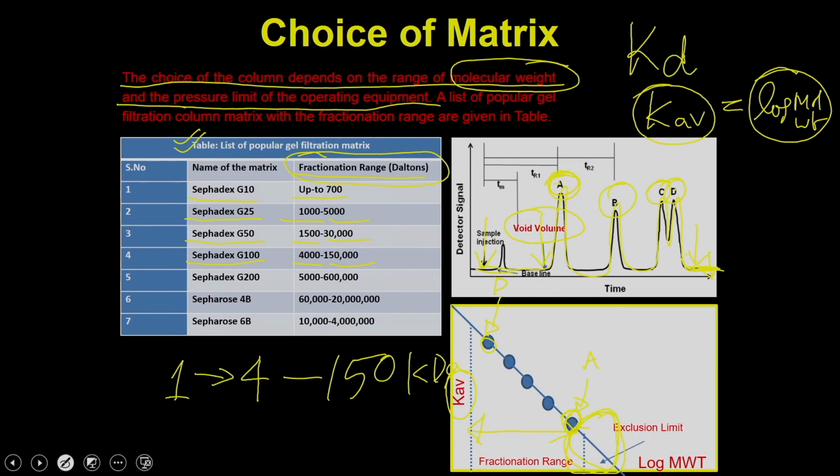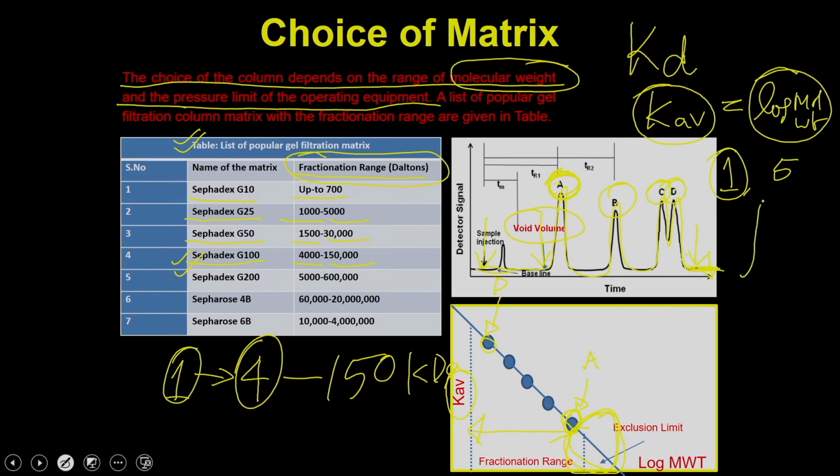You can, but you will not be able to separate 1 kDa from 4 kDa. If you have two proteins of 1 kDa and 5 kDa, this column is going to give you a single peak, because these two proteins are outside the fractionation range.